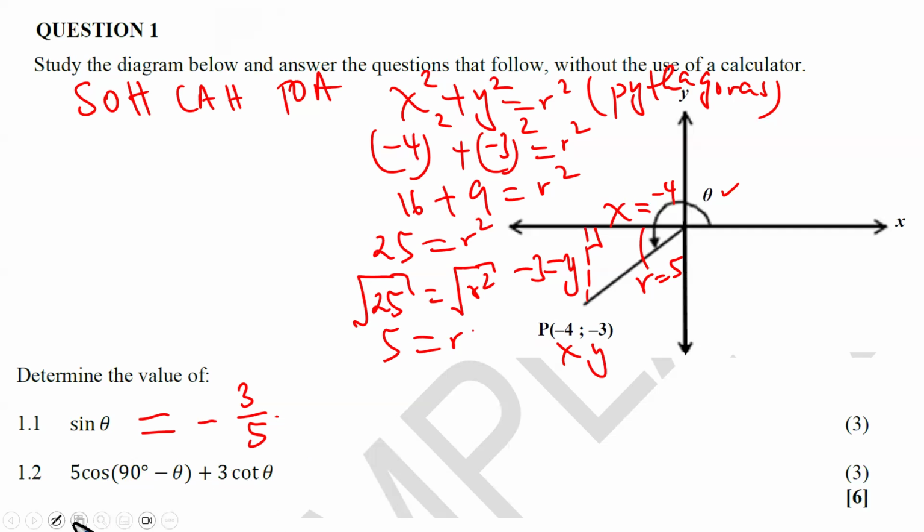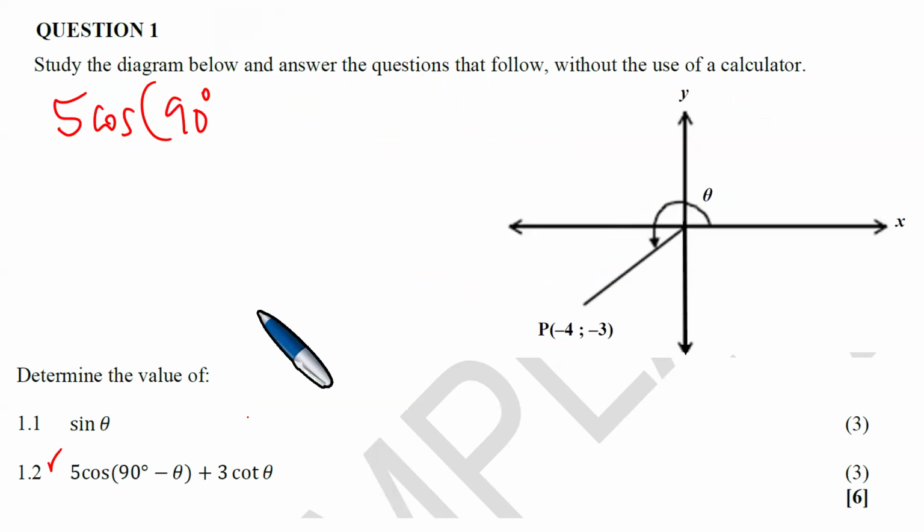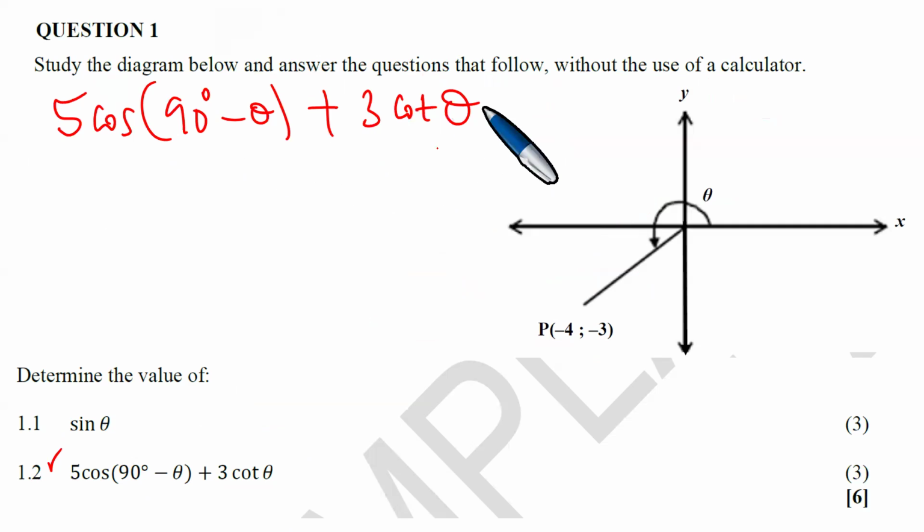Let's move on, Paul, to the next question. The next question is 1.2, and in 1.2 they gave 5 cosine 90 degrees minus theta plus 3 cotangent of theta.